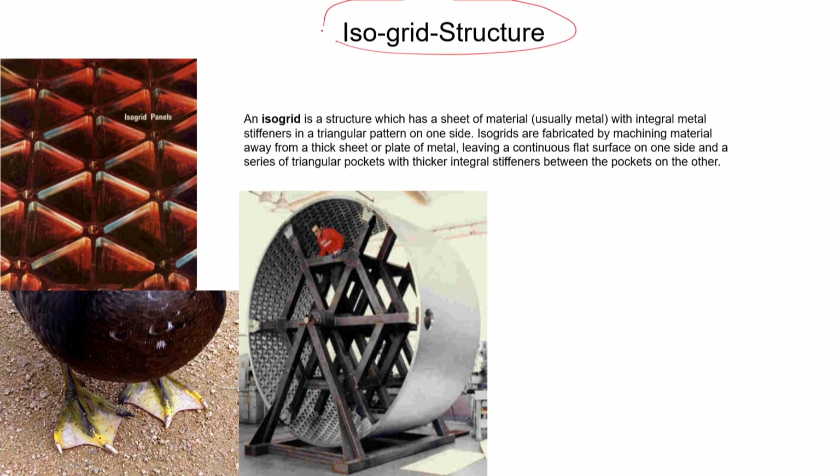The isogrid has a sheet of material, usually metal, with stiffeners integrated in it. You can see the stiffeners here integrated in such a way that they form a triangulation of the system. That gives a huge stiffness to the structure.